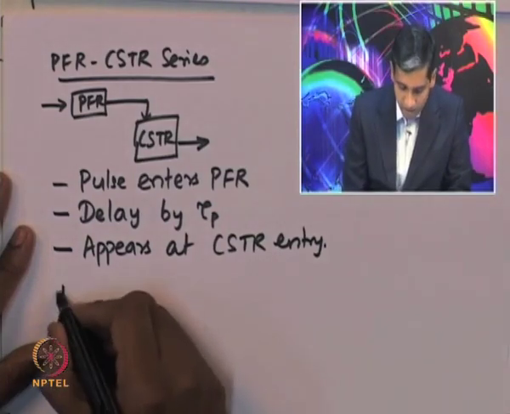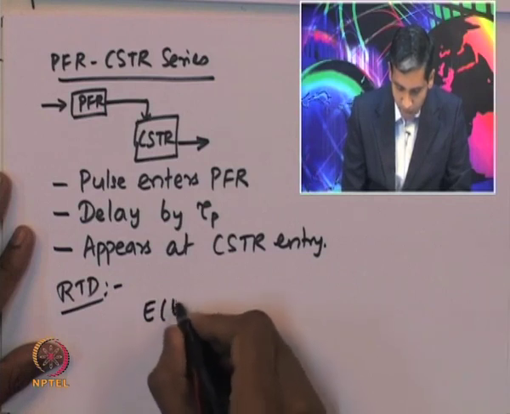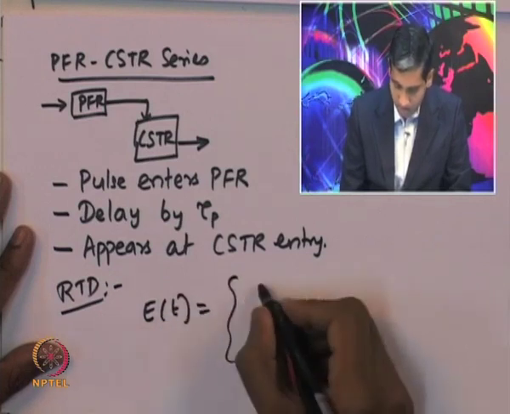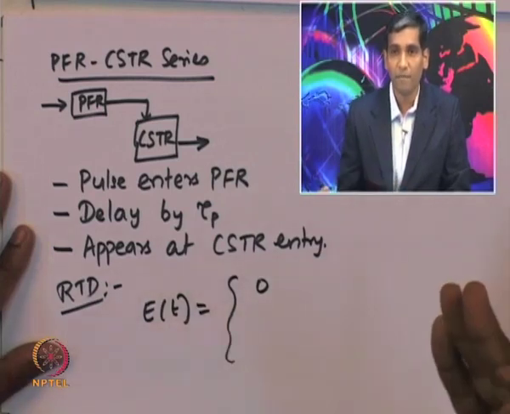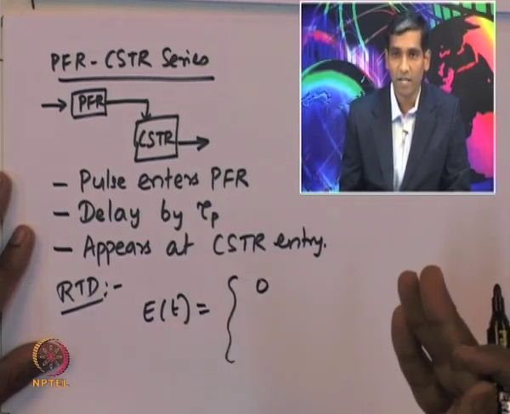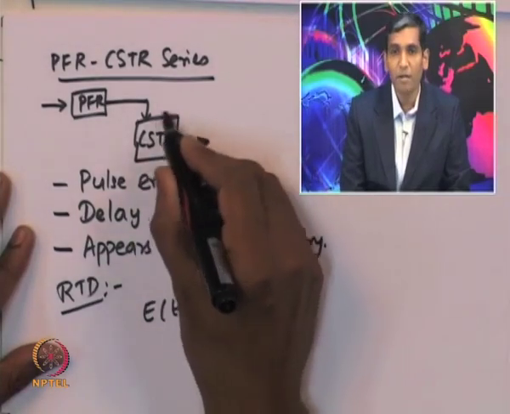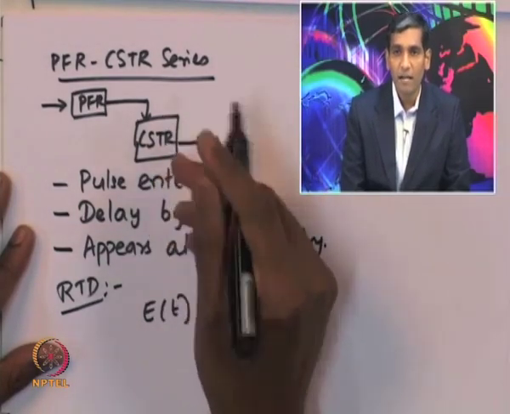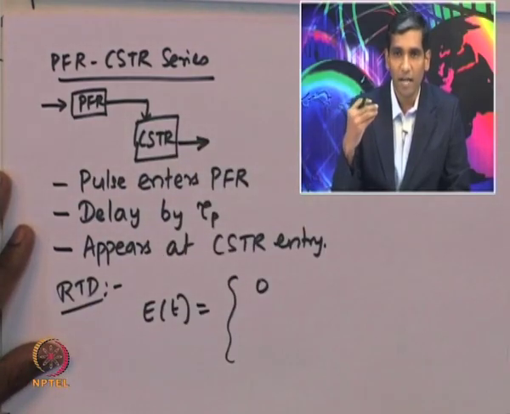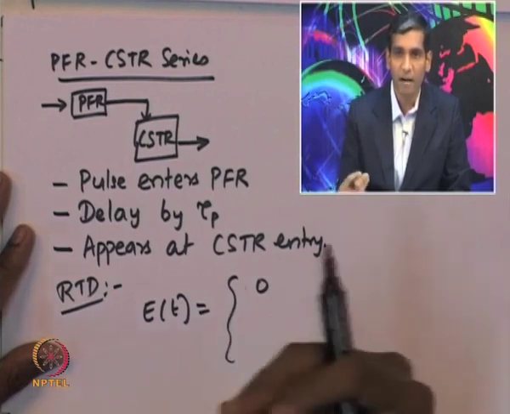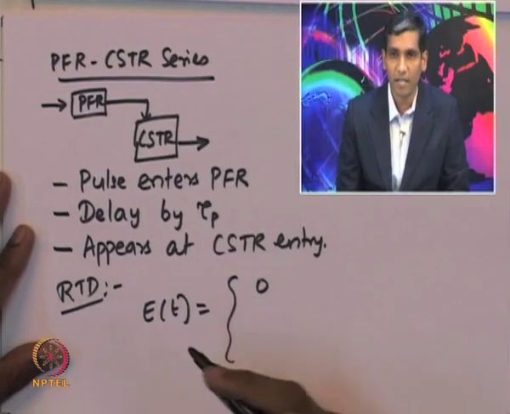So, the RTD function, E of t. Nothing is going to appear till the space time of the plug flow reactor is reached, because from the RTD function of the CSTR, the E curve starts from time t equal to 0. That is, the tracer will start appearing immediately after the pulse tracer is fed into the CSTR.